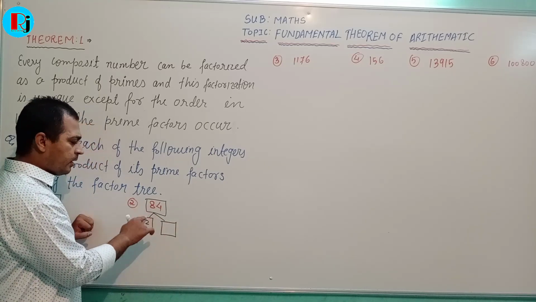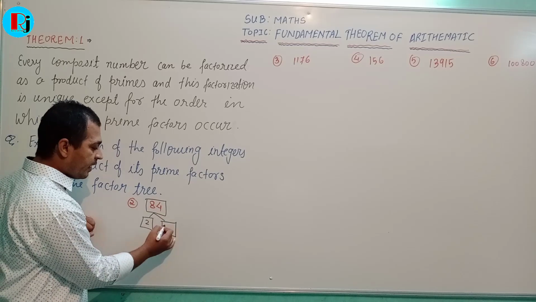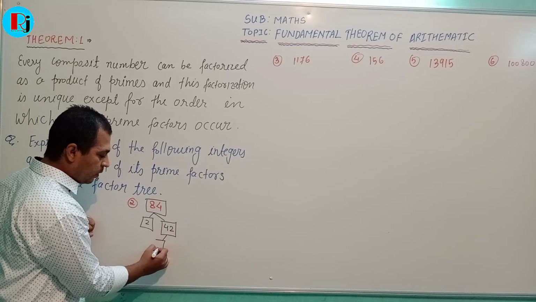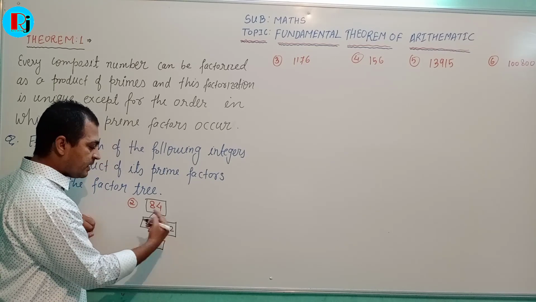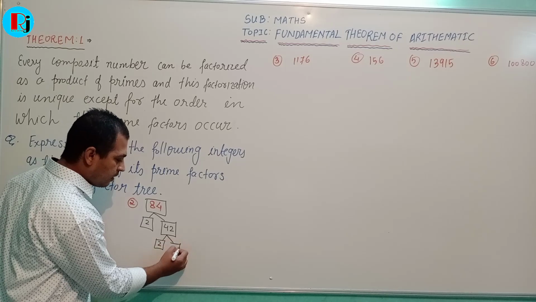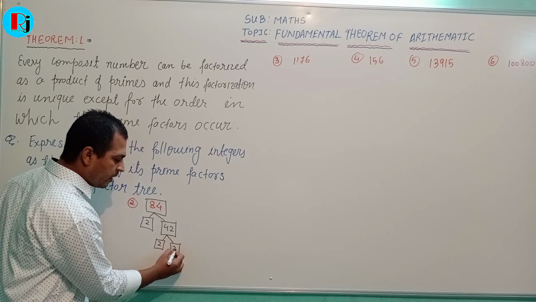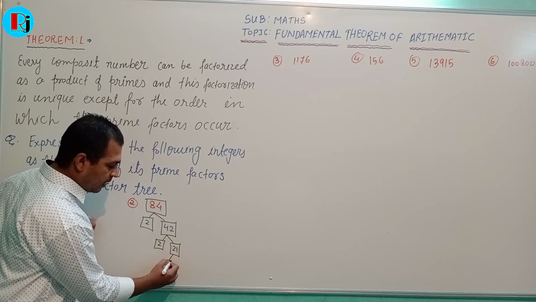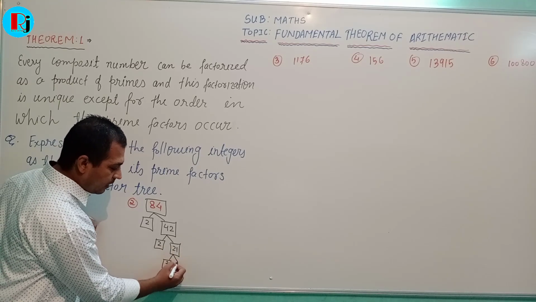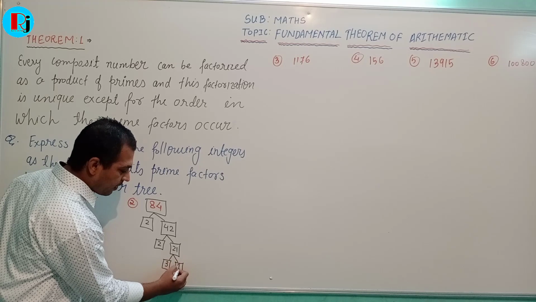By dividing 84 by 2, here we are getting 42. Again 42 is a composite integer, it is split again. So divide by 2 once again. Here we are getting 21. 21 can be split once again. Divide by 3. Here we are getting 7.